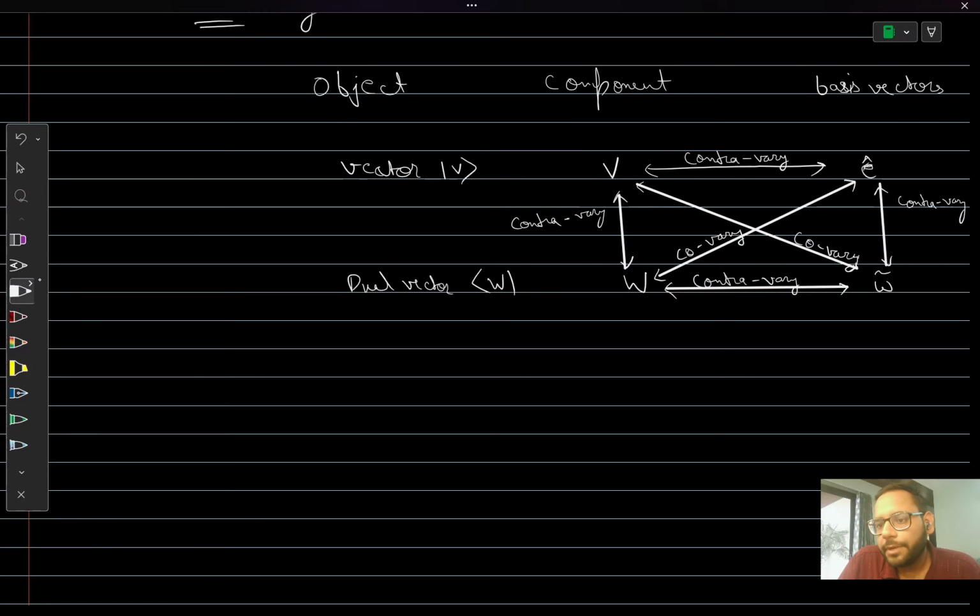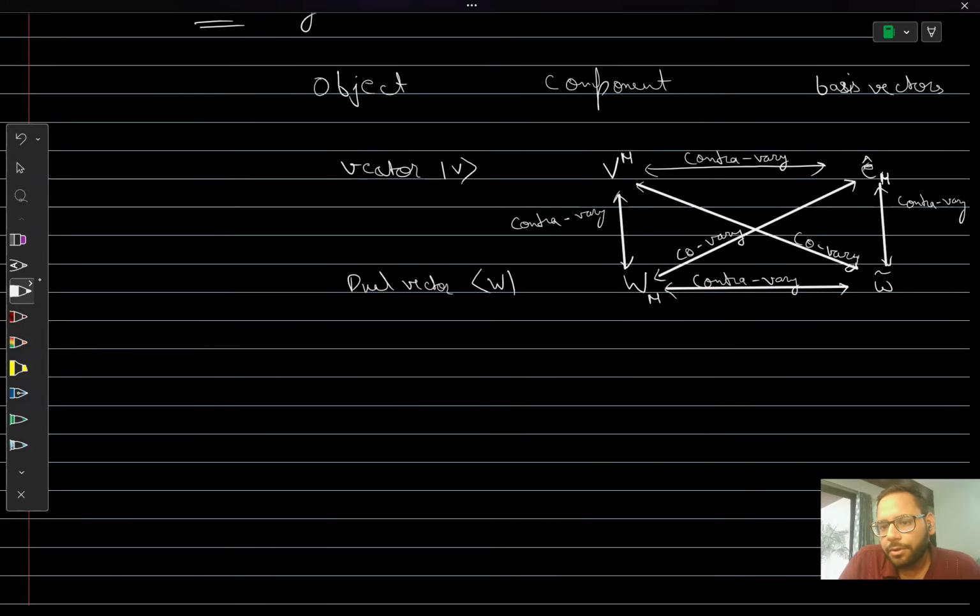So let's define this index first. This is my convention. Since this is contravarying, the indices must be upper, and since this is covariant with this one, it should have lower indices.